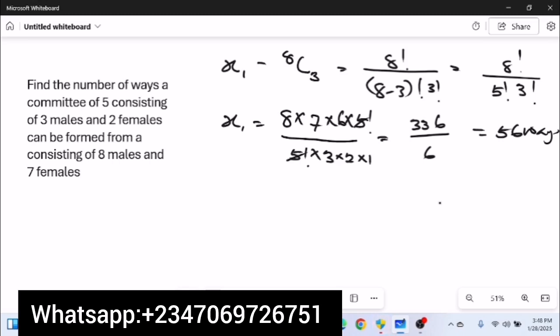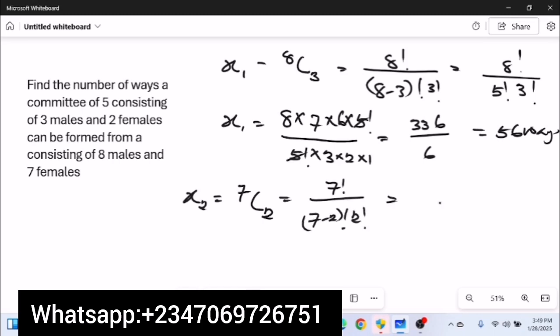Then let's say x2 is the number of ways of selecting 2 females from 7 females. So you call that 7 combination 2, which is 7 factorial all over 7 minus 2 factorial multiplied by 2 factorial.